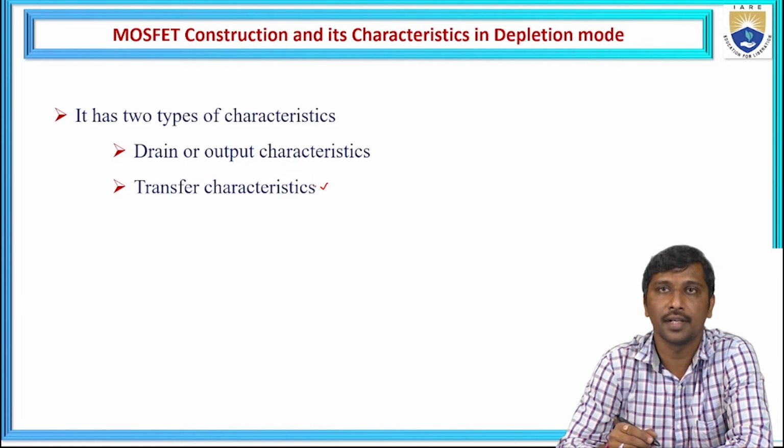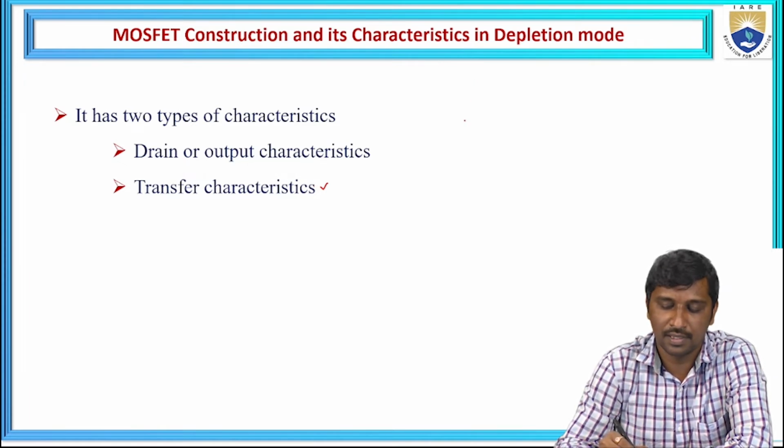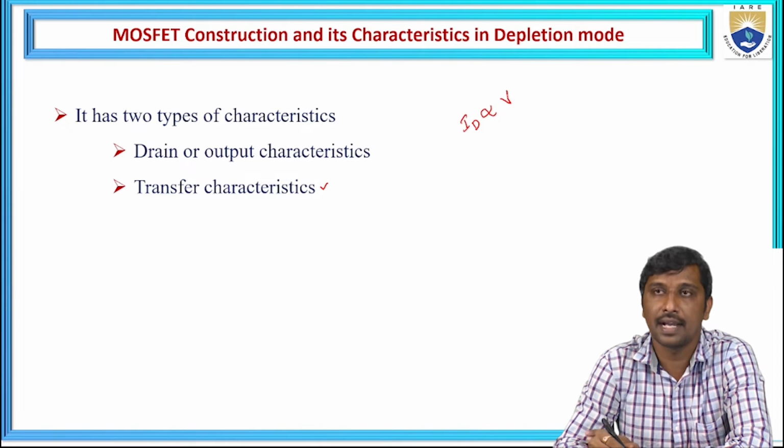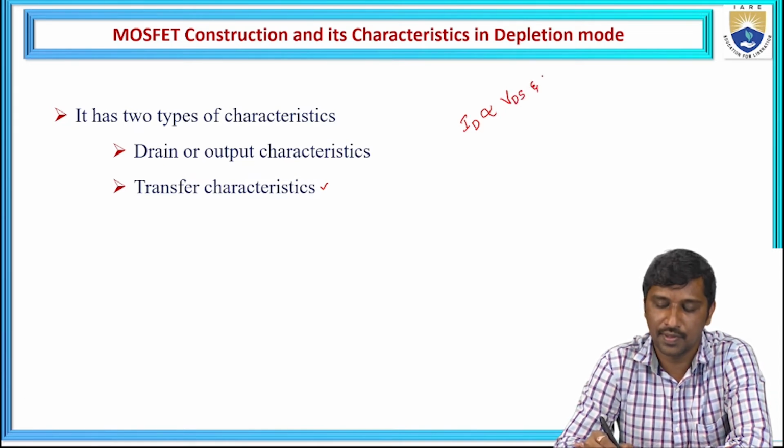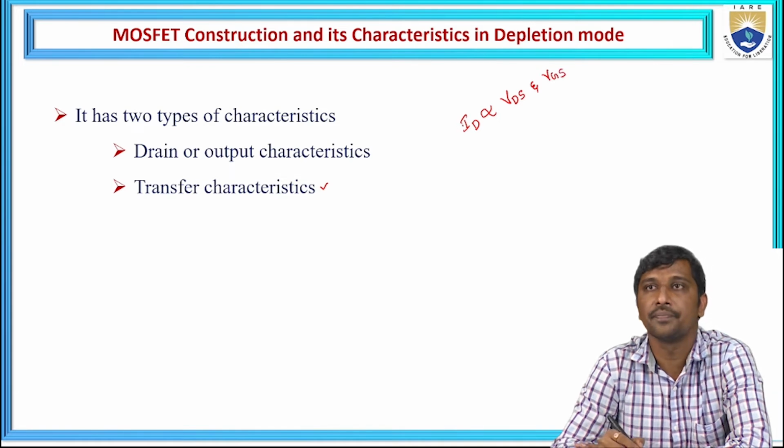To understand the functionality of this MOSFET, in the field effect transistor, the drain current is a function of the biasing voltage between drain and source, as well as gate and source.